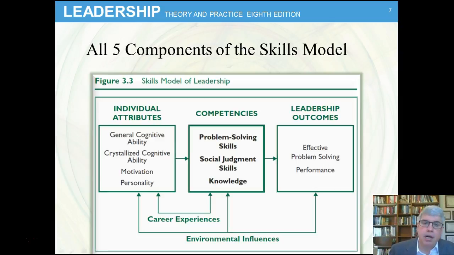And so the skills model says all of these factors work together to produce these outcomes. And so we need people with appropriate traits, but we need people especially with competencies, and we need to develop these competencies in people.